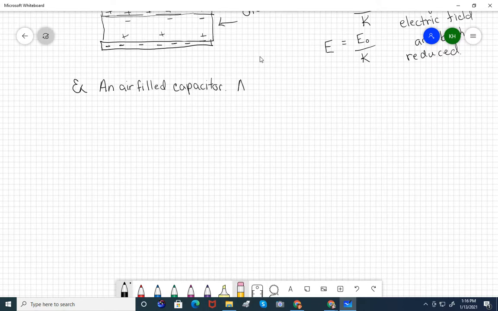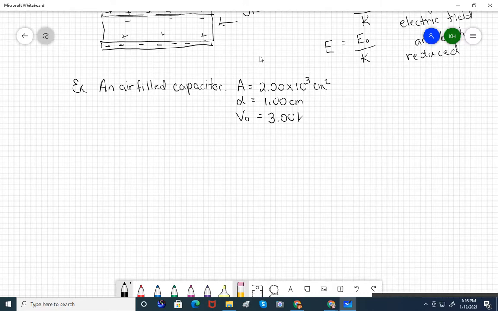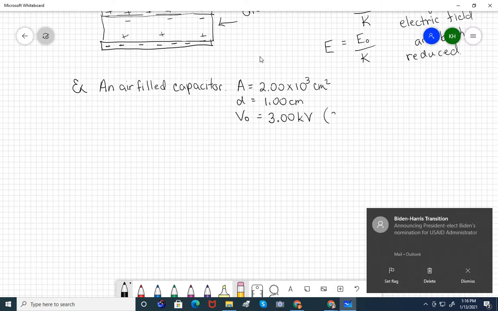This air-filled capacitor has an area of 2.00 times 10 to the third square centimeters. It has a plate separation, d, of 1 centimeter. It's a fairly big device. And it's got a voltage across the plates of 3 kilovolts. A kilo is 1,000, so this is 3,000 volts.